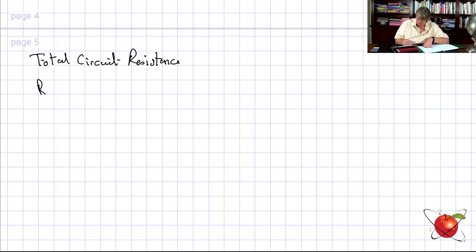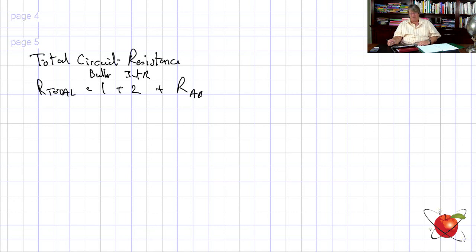So I'm going to say here, total circuit resistance, R total, is going to be 1 ohm, this is the bulbs, plus 2 ohms, which is internal resistance, plus RAB or XY or PQ, the unknown resistor. So that's the R total.